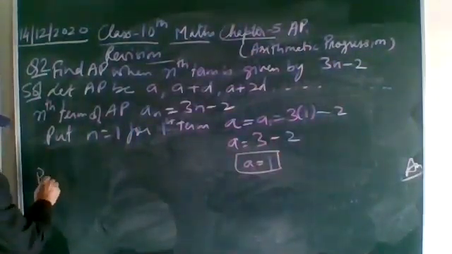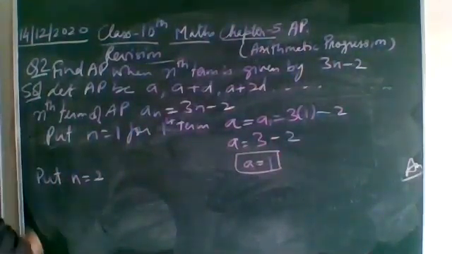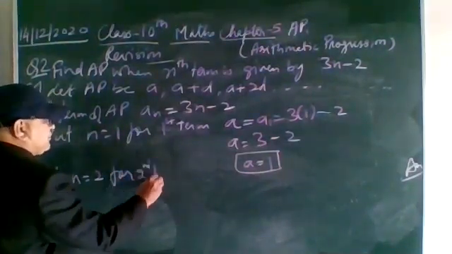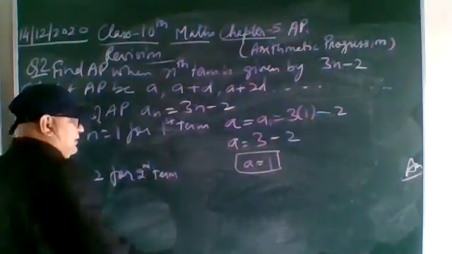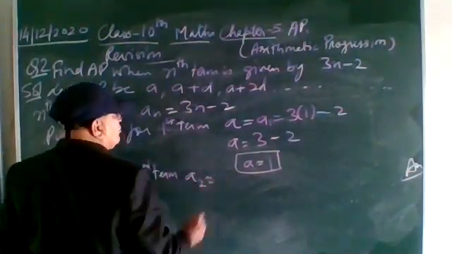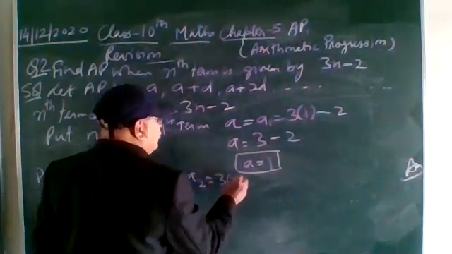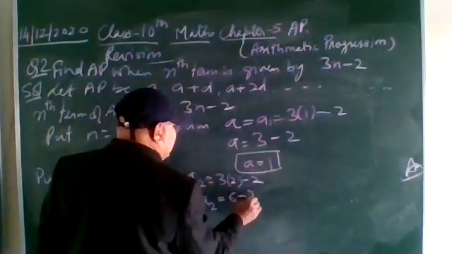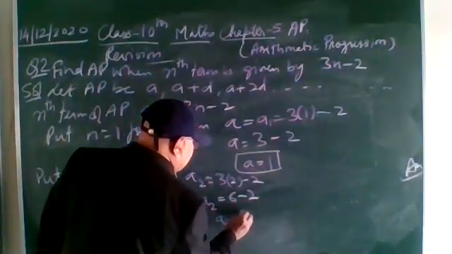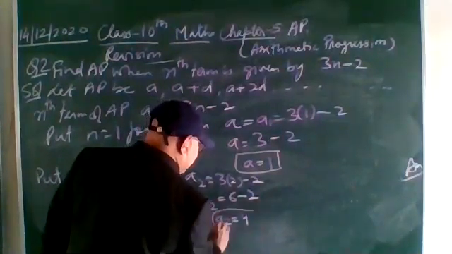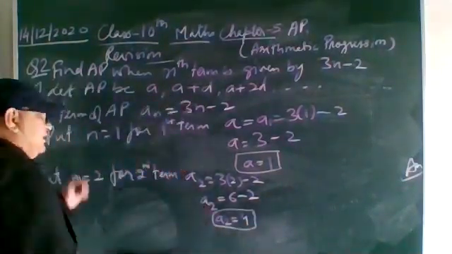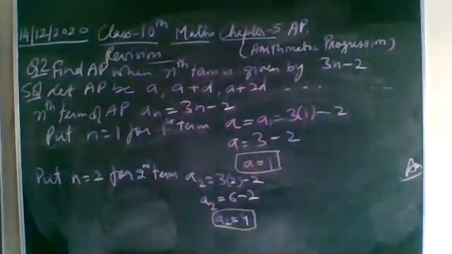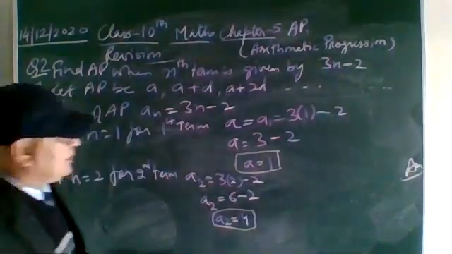Now put n equal to 2 for the second term. a2 is 3 into 2 minus 2, so a2 equal to 6 minus 2. a2 equal to 4. The second term you are getting is 4.